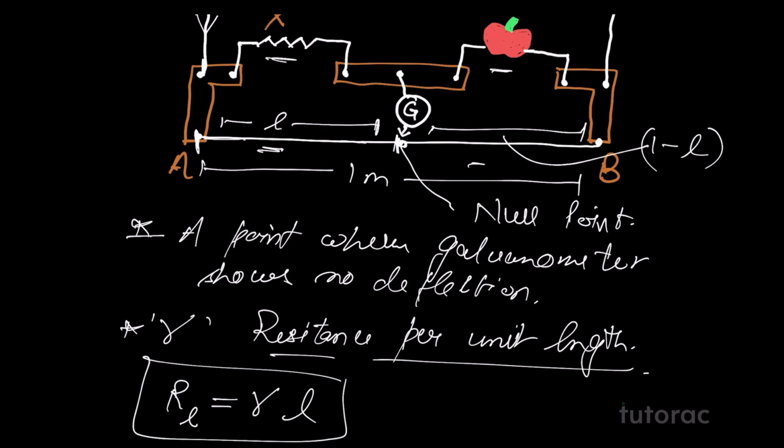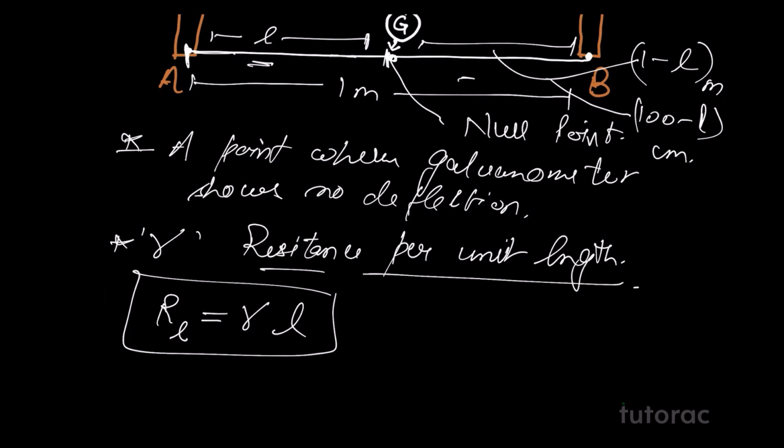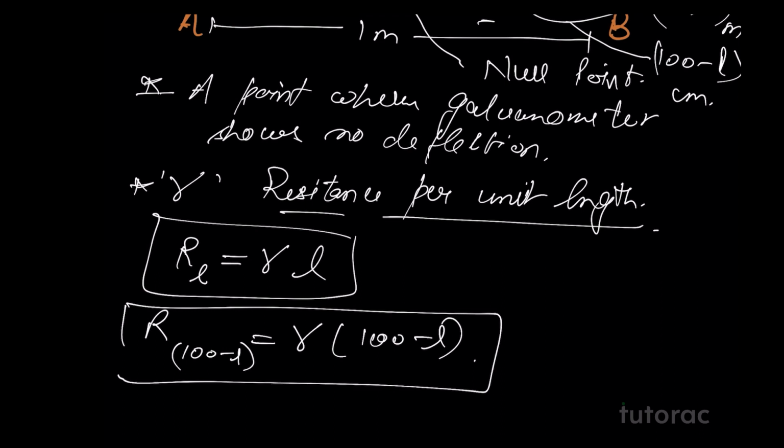If we are taking centimeters, then it will be 100 minus L. In many books, you will find that people usually talk about the unit centimeter. So let's write the centimeter. Here L is also in centimeters. So the resistance of this 100 minus L is nothing but gamma multiplied by 100 minus L. This is the resistance of the 100 minus L wire.